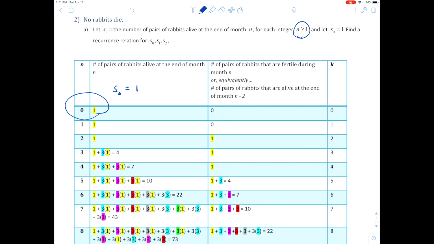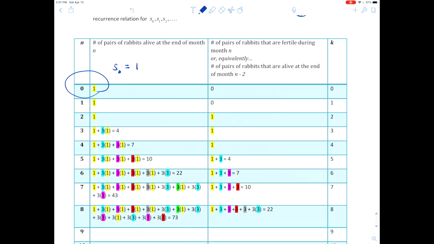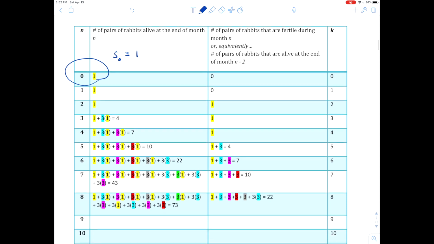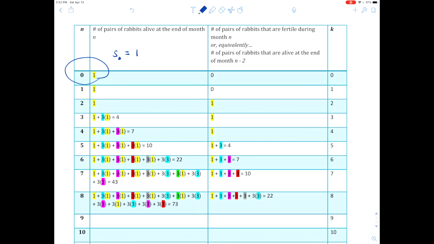So the rabbits are born, they're not going to be fertile for 2 months after they're born. So here is just sort of a chart. Our rabbits are born, so they're alive at the time between 0 and just before they turn 1 month old.